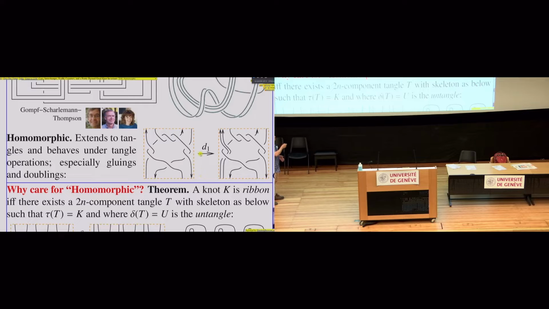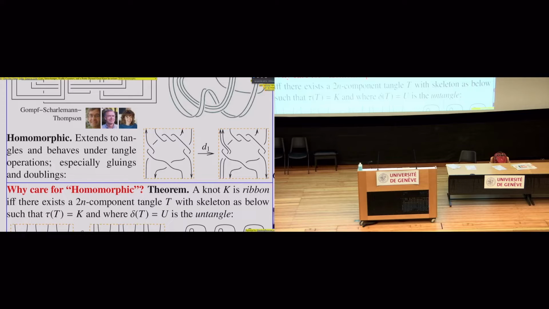Then there is the operation called D1, which means double strand number 1, and the picture makes clear what it is. Likewise, there is an operation, call it S1, for switch number 1, so reverse it. I want invariants that have the property that if you know the invariant of the left-hand side, you also know the invariant of the right-hand side.